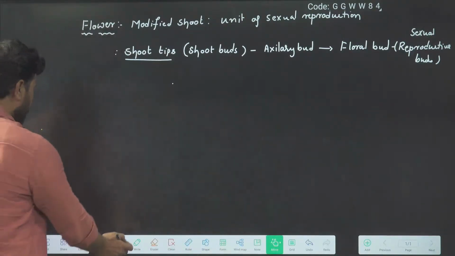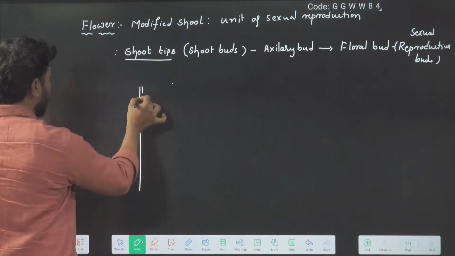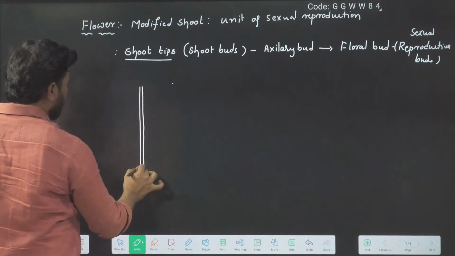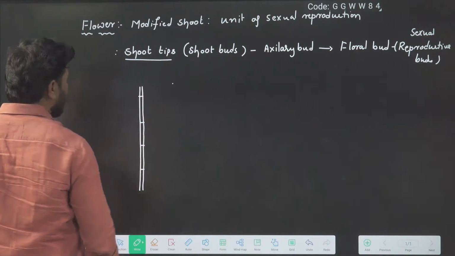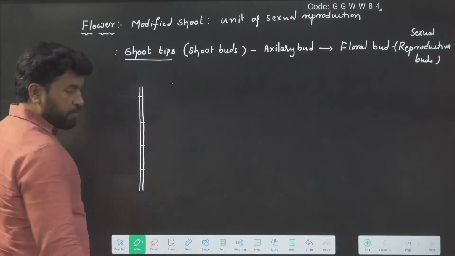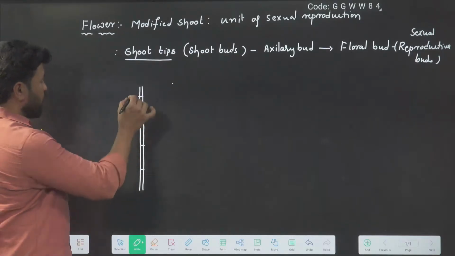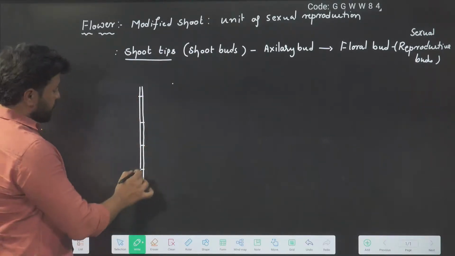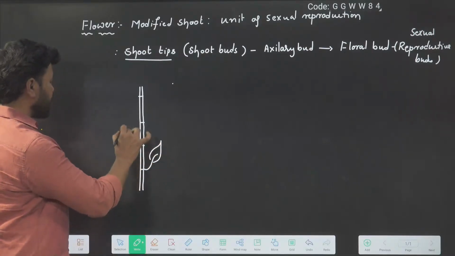Imagine this is a shoot. Tell me, typically, how do you differentiate a stem from the other parts of the plant? We mention that a stem or shoot possesses nodes and internodes. This is a nodal region where there is a leaf.